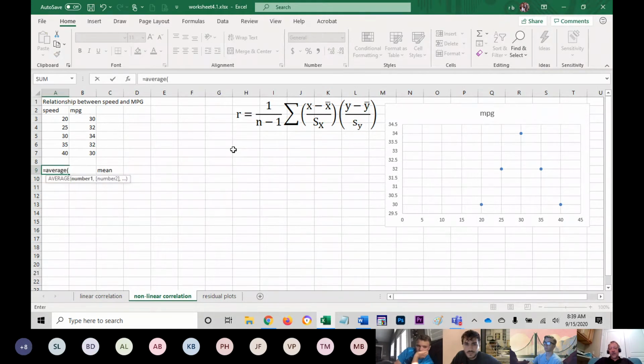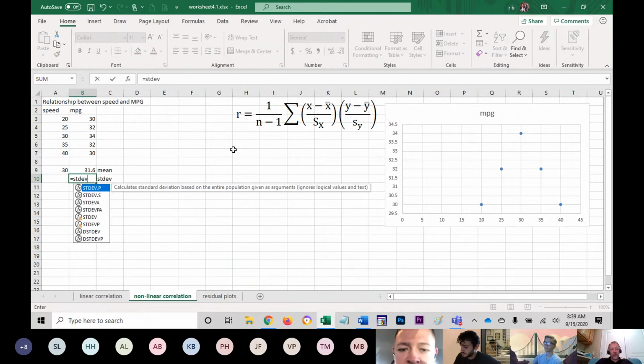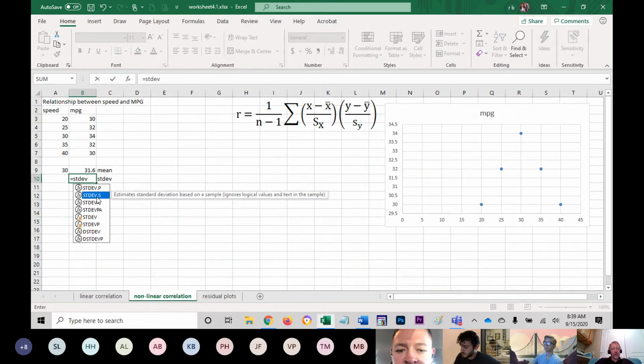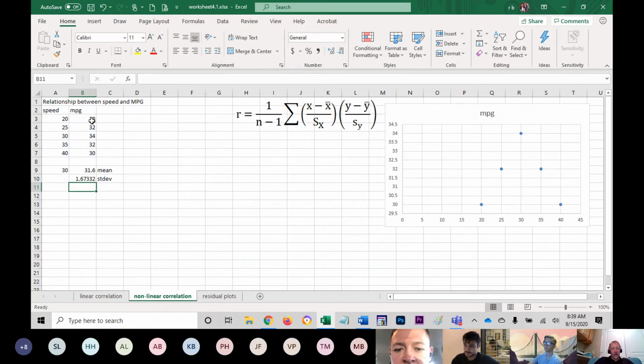So I'm going to cheat here. We're going to find the means, 30 and 31, and the standard deviation, and this is a sample, so I'm going to use this number. Okay, so we found the first two steps.